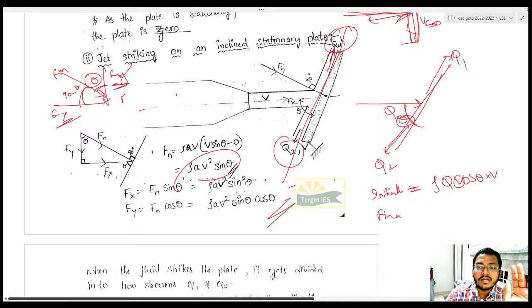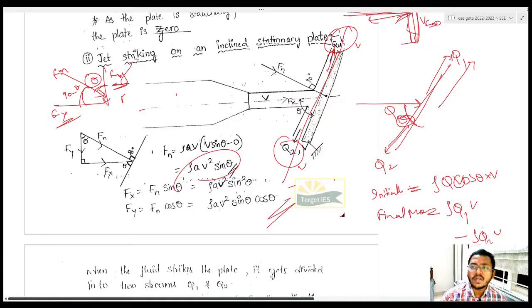And what is your final momentum? See, along this side, okay, that is rho q1. Again here the velocity will be the same, right? Velocity in which it is going, it will be the same. So rho q1 v minus rho q2 v, because if this is my surface, this I am considering as positive and this side I am considering as negative.